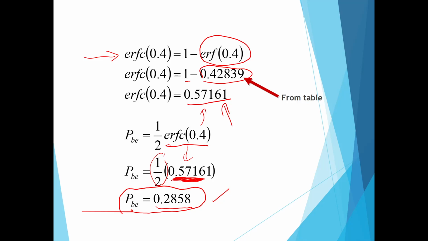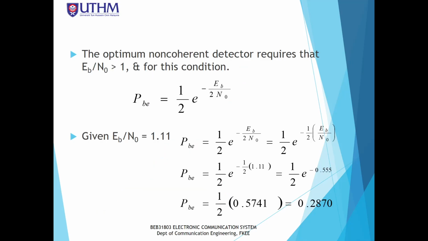Now, the probability of bit error at the receiver if we are using non-coherent detection: for non-coherent detection, we are not using the table. We can directly use the calculator.